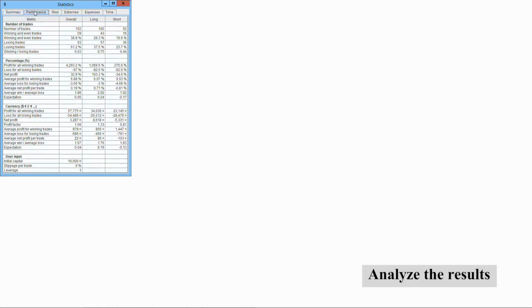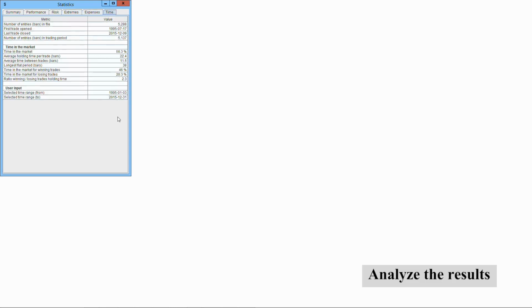Statistics output a very complete set of performance metrics about the trading system you conceived. A summary, performance, risk, extremes, expenses, time.